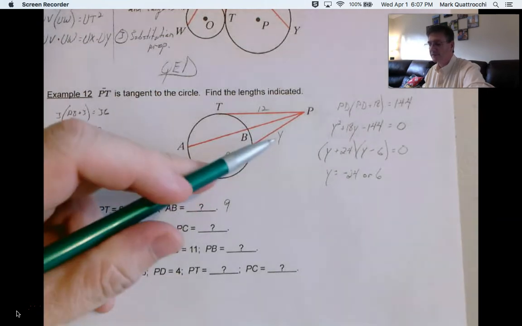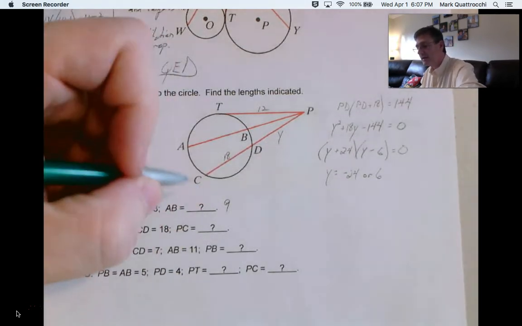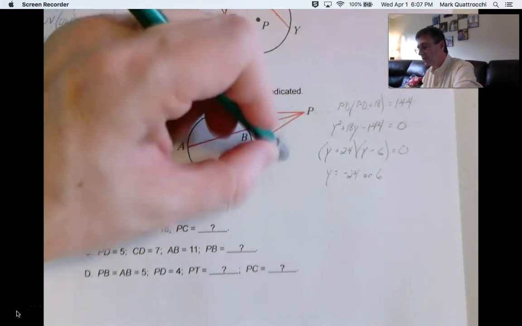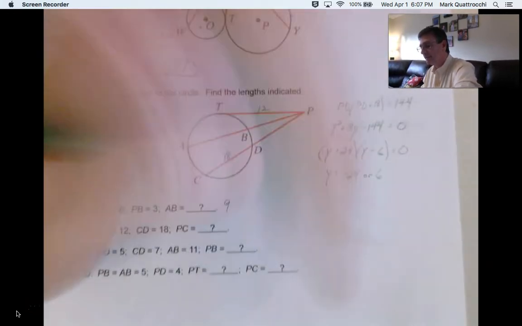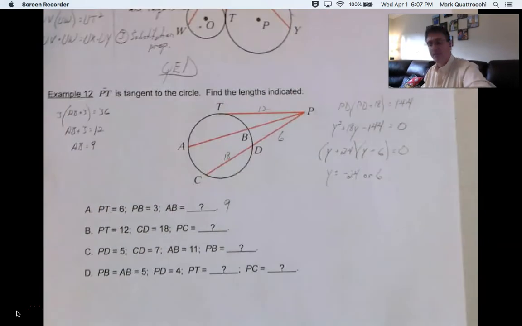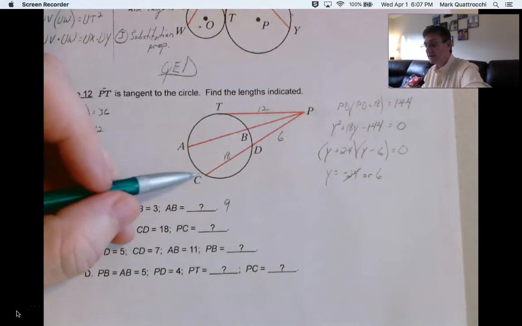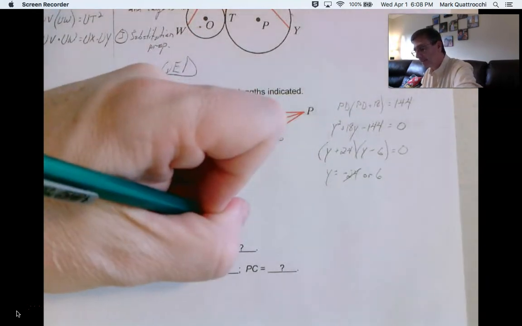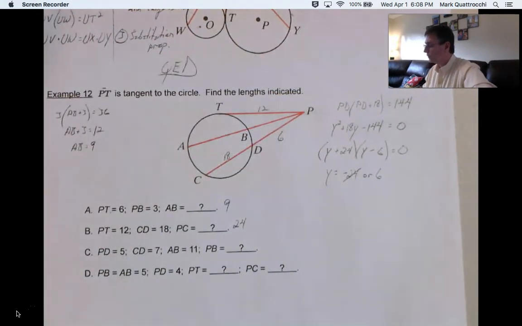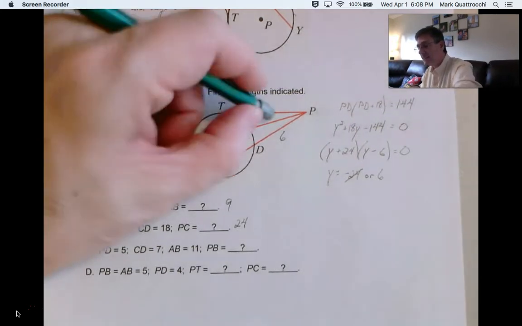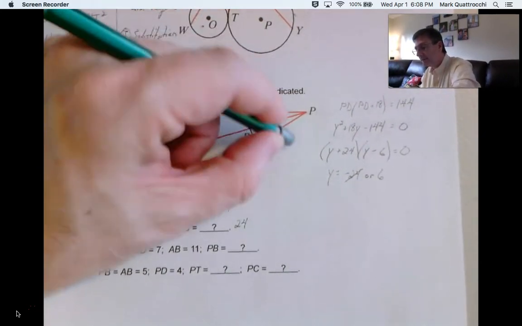But since y represents a length, then PD can only be 6. Can't be negative, which makes PC 24 for a length. All right, part C.